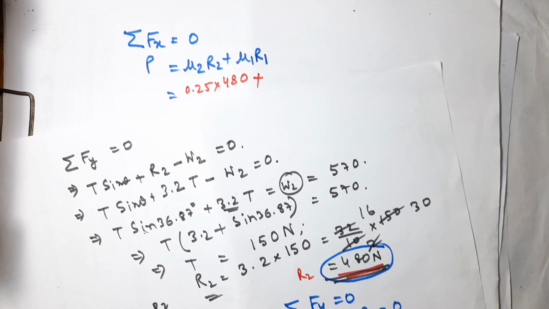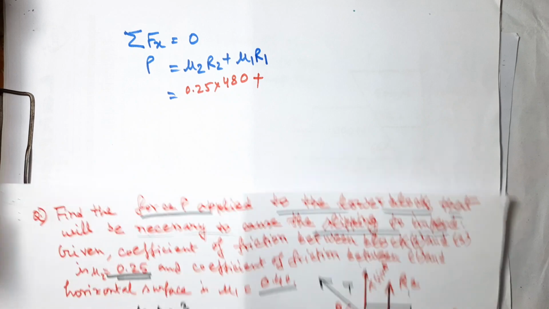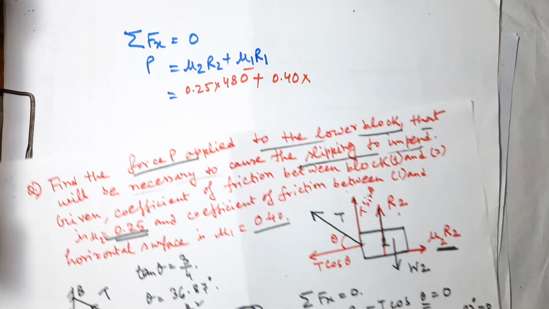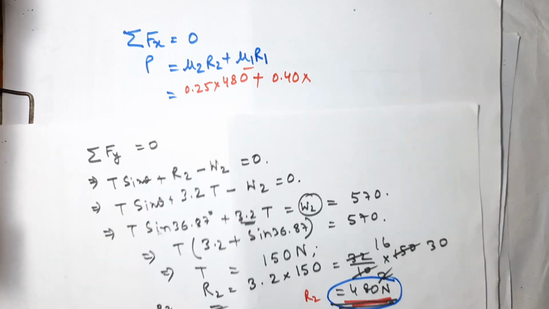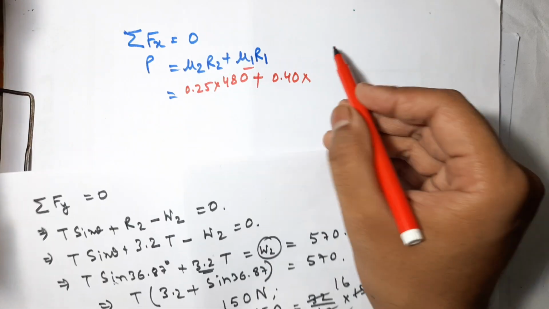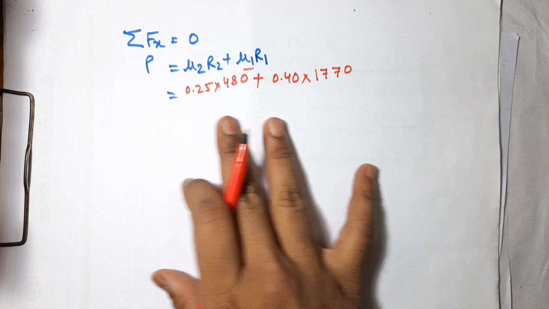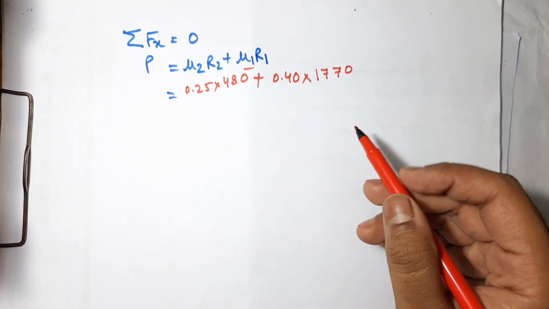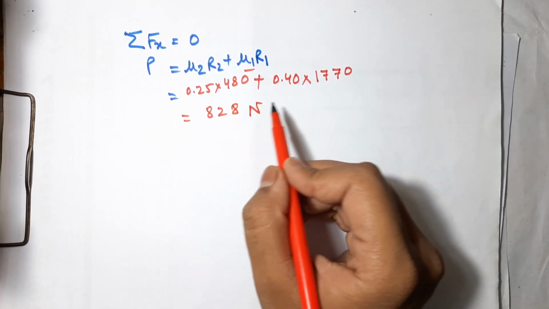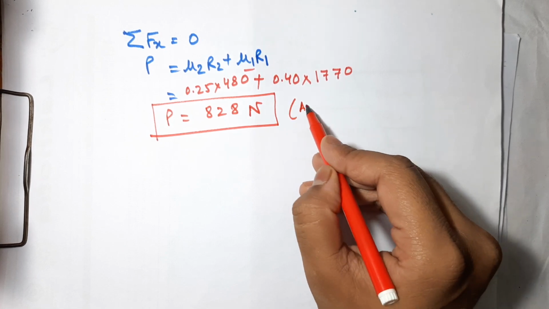Mu1 is given 0.4. So I am substituting 0.40 into the R1 value you have recently found, that is 1770. If you calculate the whole thing, you are getting 828 Newton, okay. So this is the value of P.